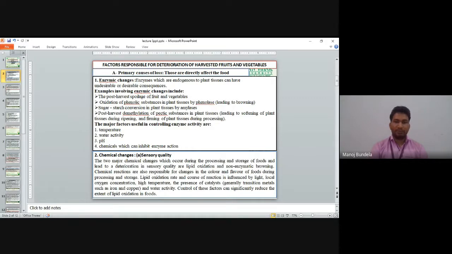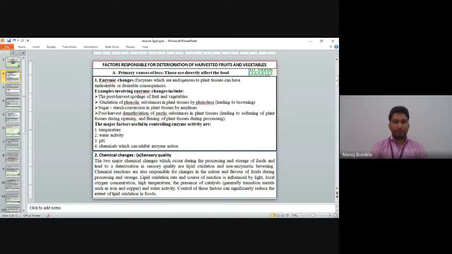First one is lipid oxidation and second one is non-enzymatic browning. Chemical reactions are also responsible for changes in the color and flavor of foods during processing and storage.